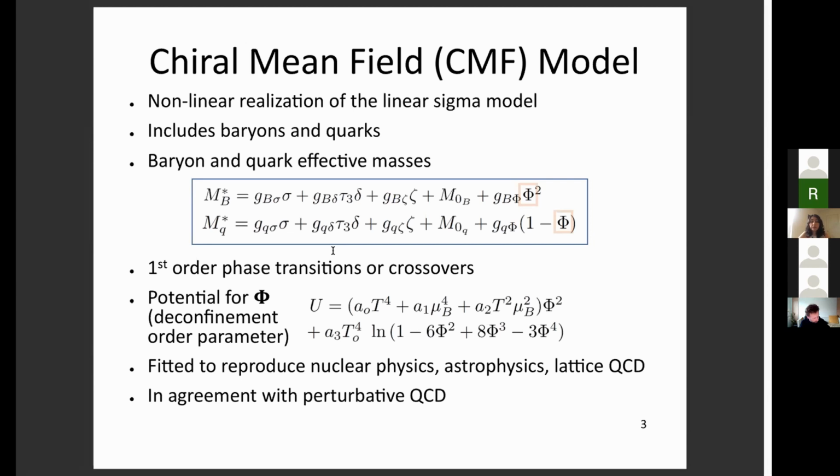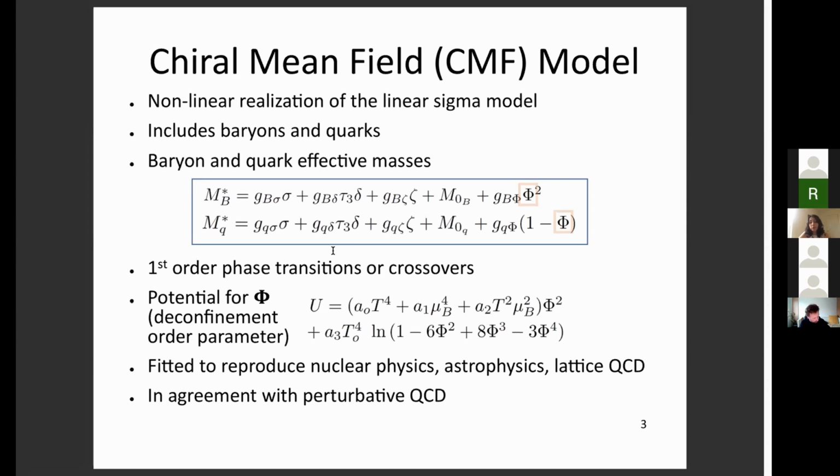Usually in astrophysics, what we have for modeling is a model that has hadrons, a model that has quarks, and it just merges them together where the pressure becomes larger. And this can only give you a first order phase transition. I also have a potential for this field phi.